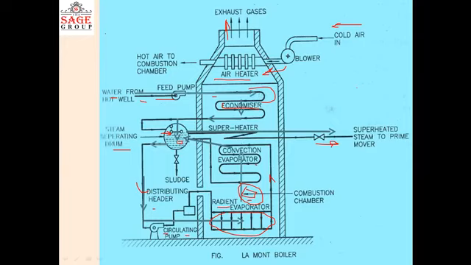Then the water will be evaporated, and after passing the convection evaporator it will enter the steam separating drum. So actually the water has been converted into steam here. This tank is called the steam separating drum. Because of the light weight of the steam, it will lie at this section, and the water which is heavier will lie at the bottom section.